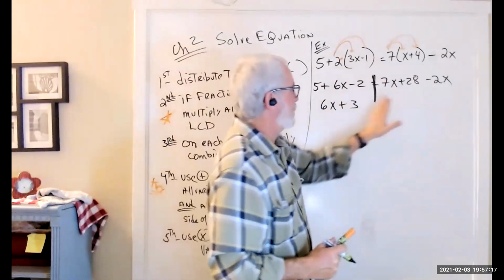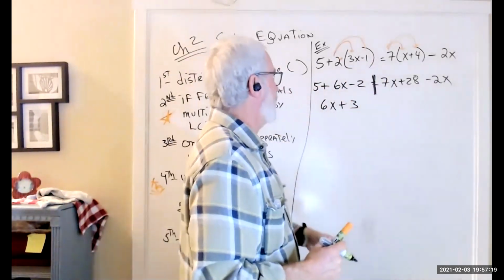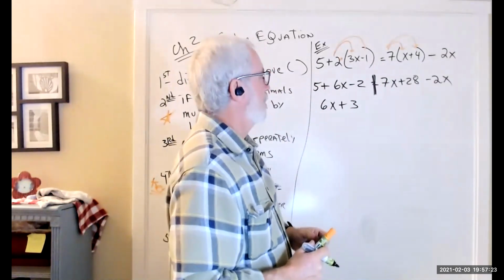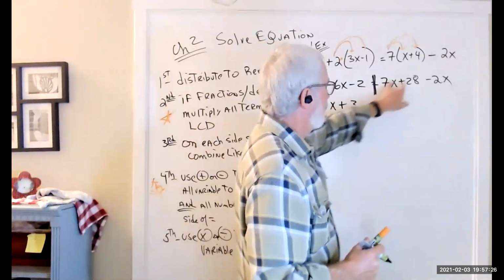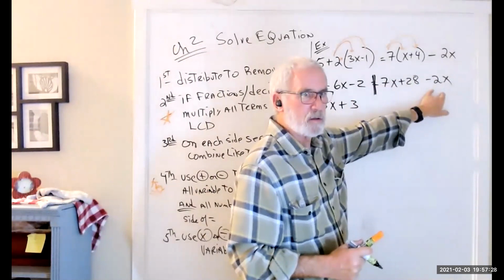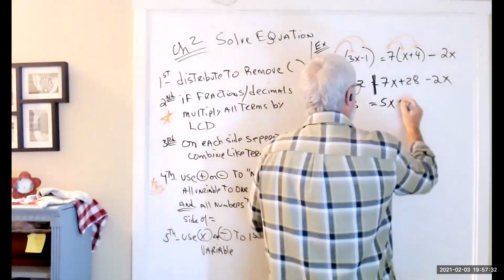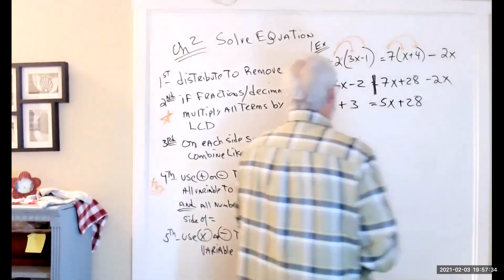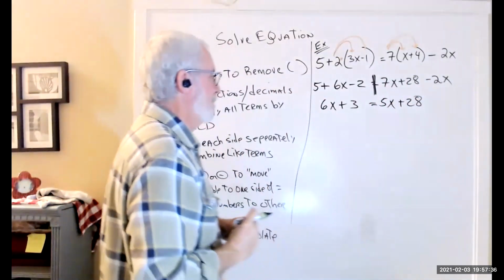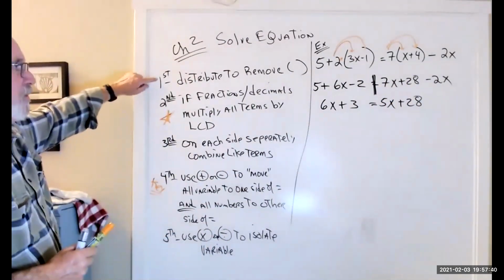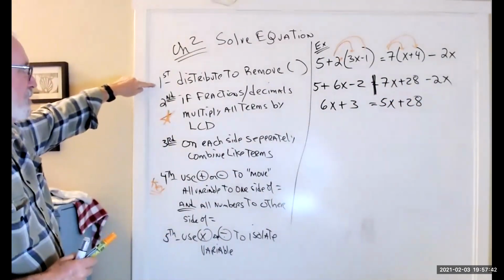What about on the right side? Is there anything that can be combined there? 7x and 2x. Yeah, 7x take away 2x. Like terms, that makes 5x equals 5x plus 28. Oh, this would be too nice of a problem. All right, so I distributed to remove parentheses.